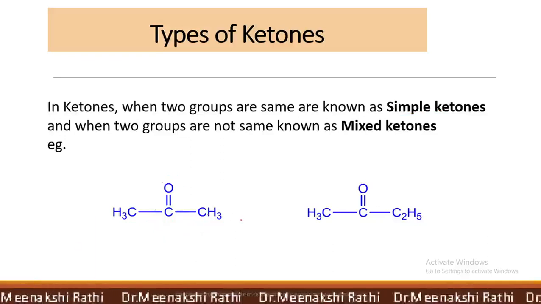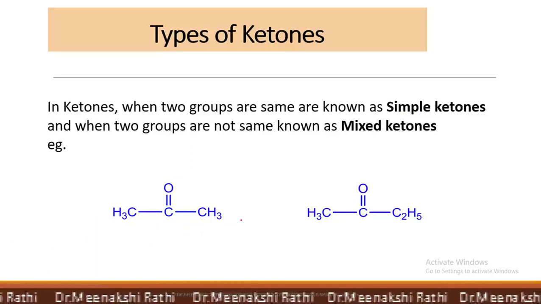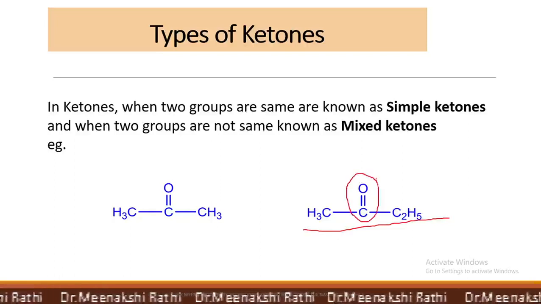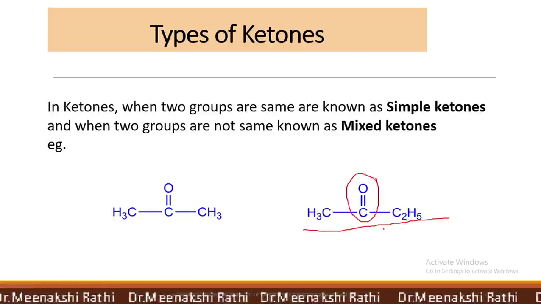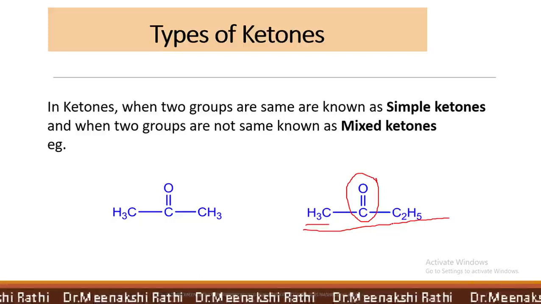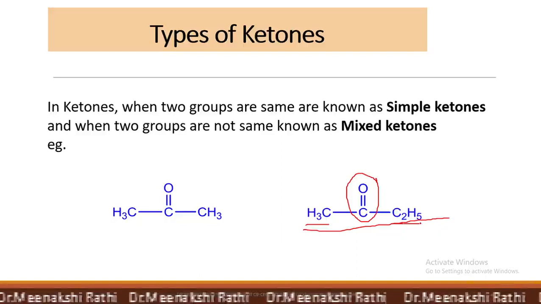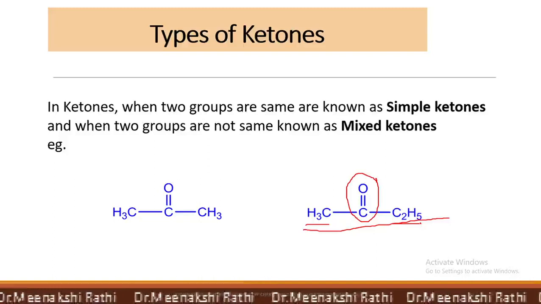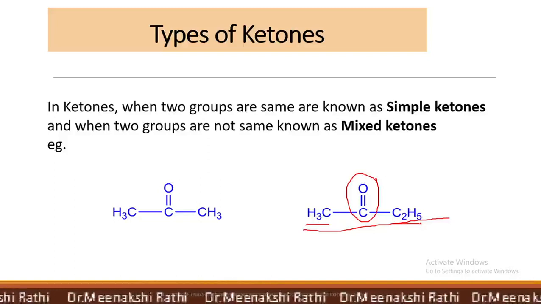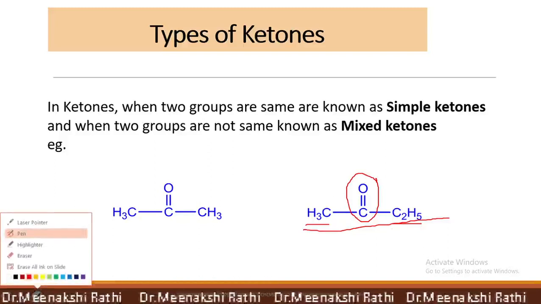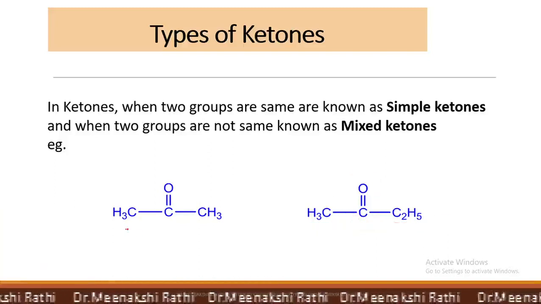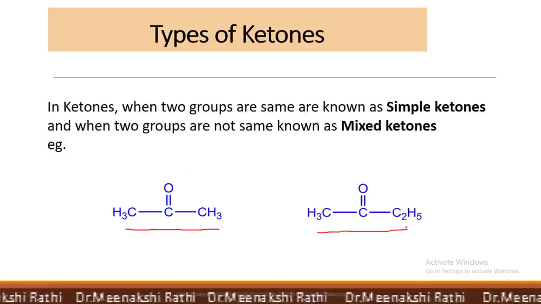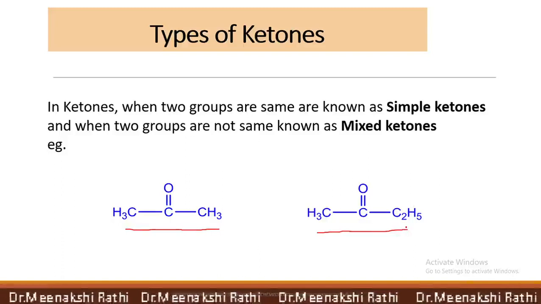So such a ketone is known as a simple ketone or symmetrical ketone. But in this second example, you can see two different groups are attached to the carbonyl group. One is methyl and another is ethyl. That means the two groups are not the same. Such a ketone is known as a mixed ketone or unsymmetrical ketone.